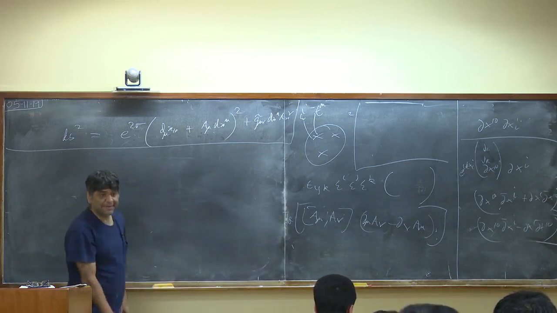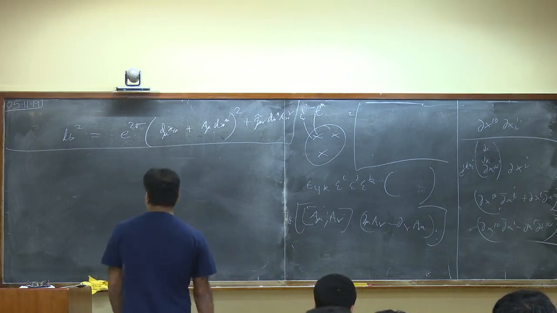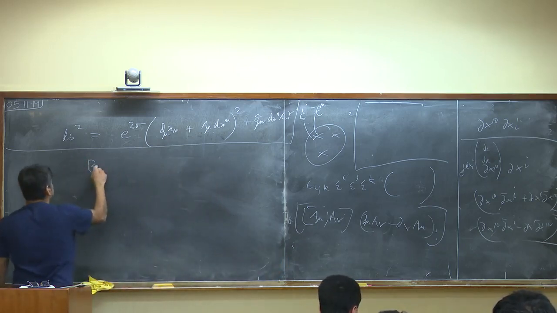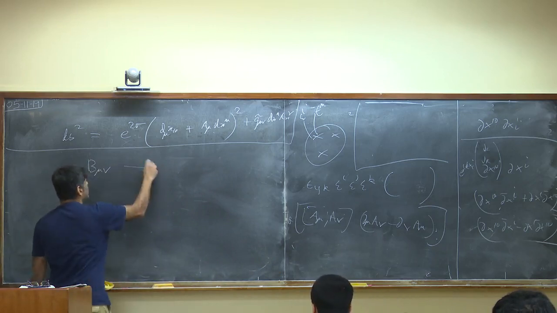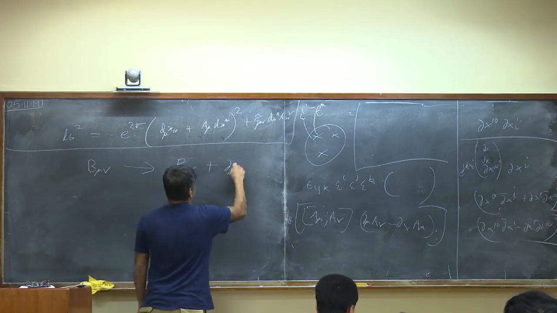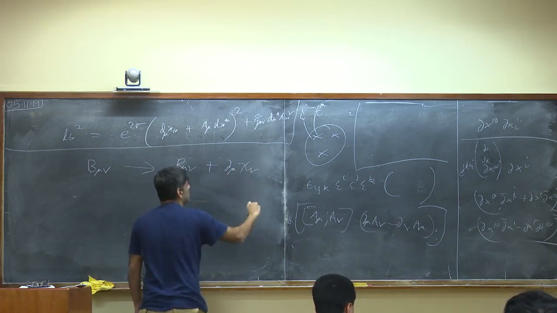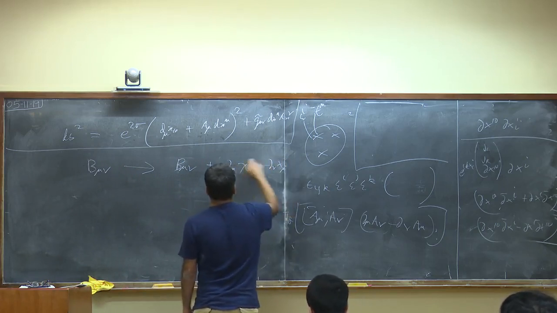Now, why did that also give a gauge field? There the answer is even simpler than before. You see, B mu nu had a gauge invariance. B mu nu goes to B mu nu plus del mu chi nu minus del nu chi mu.